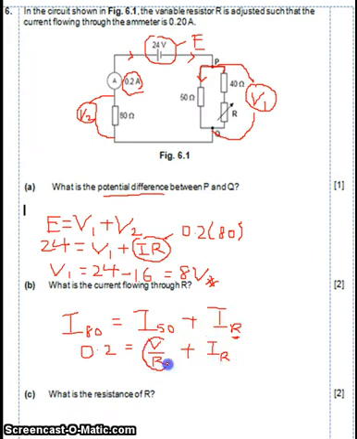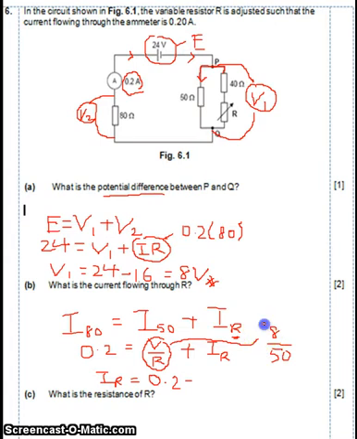Now V over R: the V is 8 volts as calculated just now for PQ. So 8 divided by 50. So IR is equal to 0.2 take away 8 over 50.